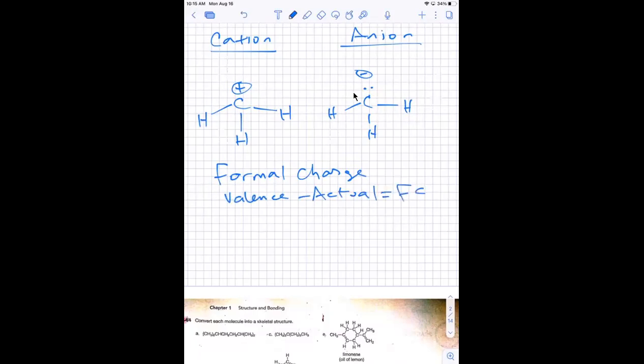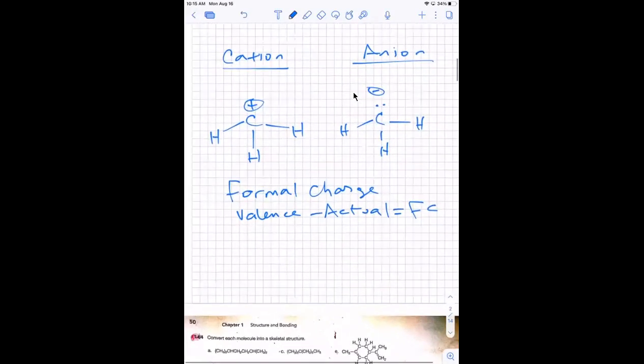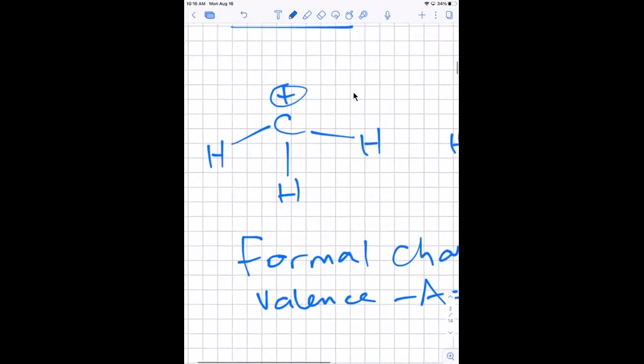Very simple. When you calculated charges in general chemistry, you probably did something like the valence minus 1/2 of the bonding electrons. It's the same idea, but it's just simplified. So when we look at the cation, let me do this. How many electrons are in each bond? 2.